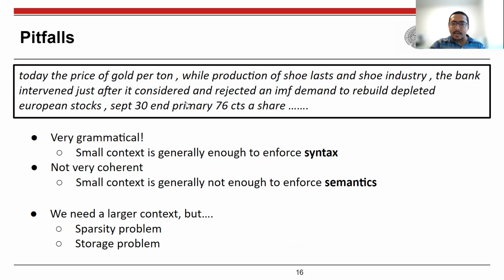So you will have some amount of syntax that will be followed, but the semantics will be lost. And if you try to solve this by adding bigger and bigger n-gram models, like let's say a 50-gram model, then the sparsity problem and storage problem will come up, which will make your model almost impossible to implement.